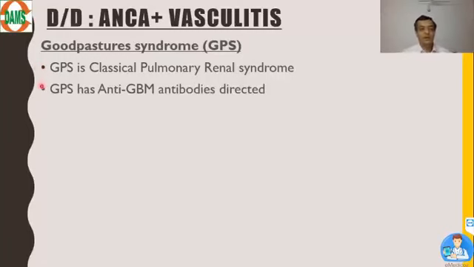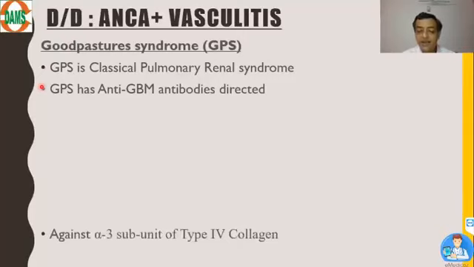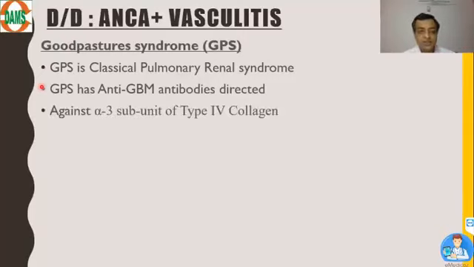Next point, Goodpasture has anti-GBM antibodies. It has got anti-glomerular basement membrane antibodies directed against the alpha 3 subunit of type 4 collagen.